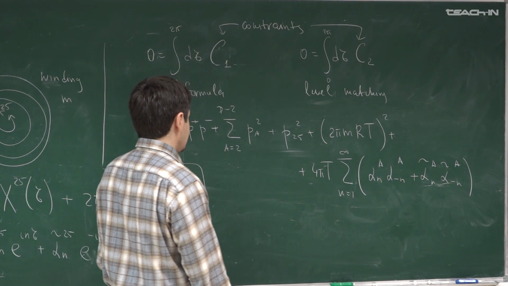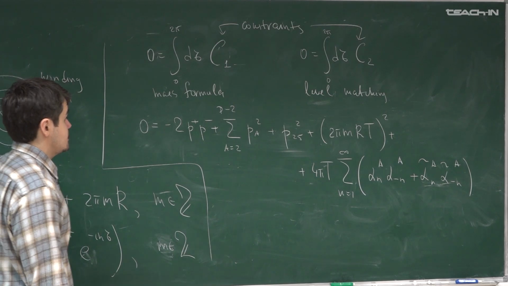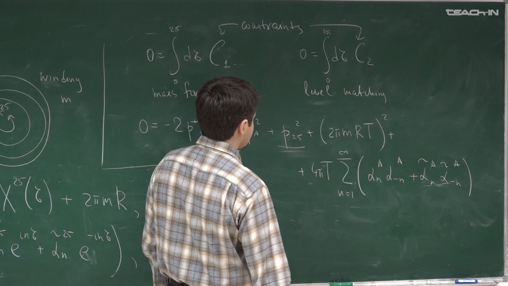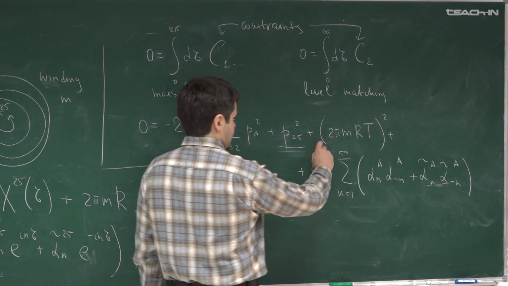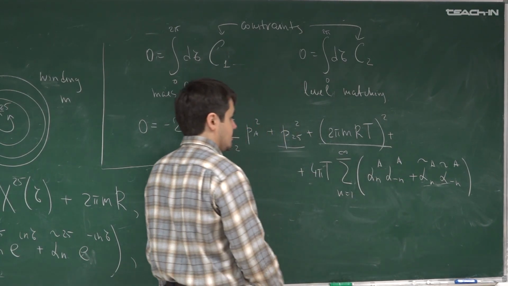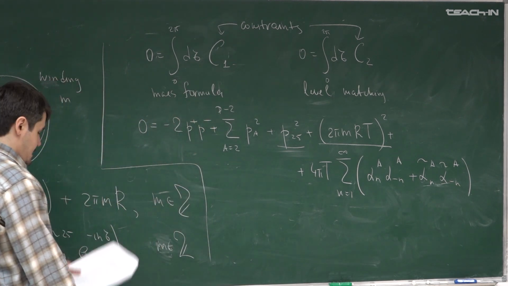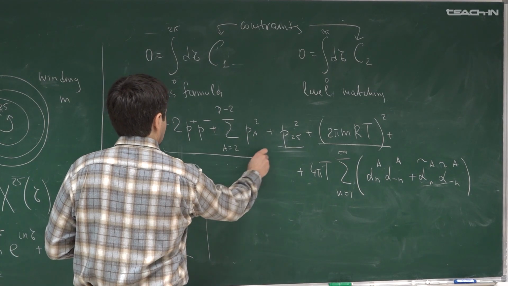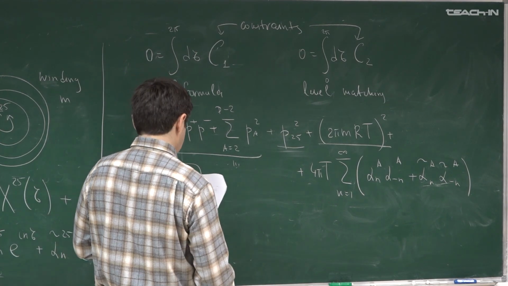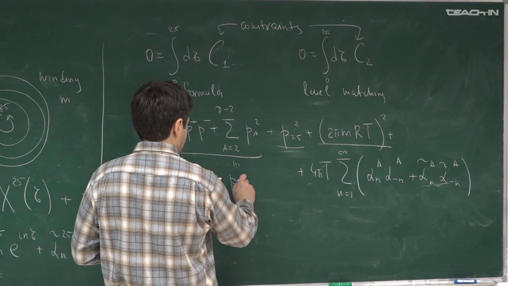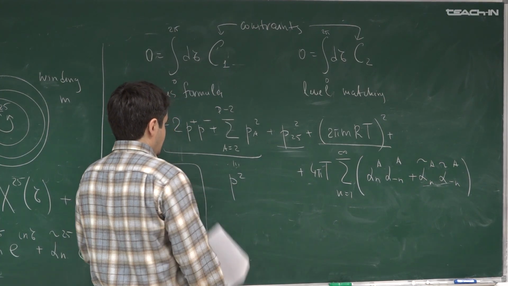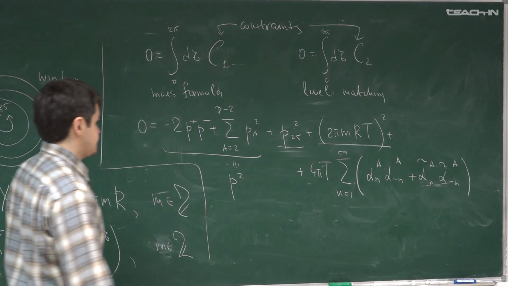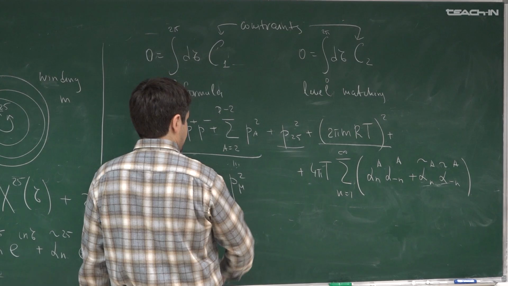It looks very much like the old mass formula with two differences. First, we've singled out P25, the momentum around the circle, and there's a winding contribution. And then we can call this P squared, the square of the momentum in the non-compact directions, or maybe P mu squared.